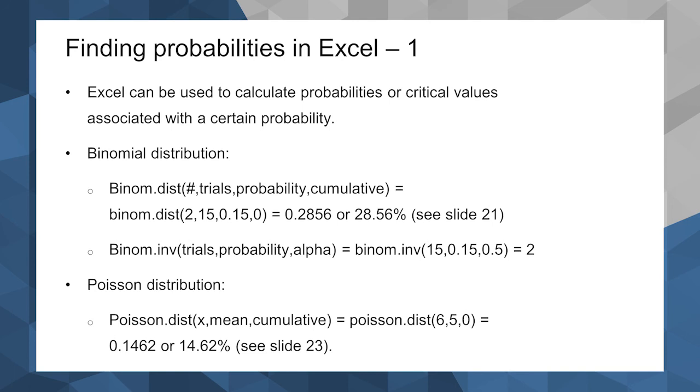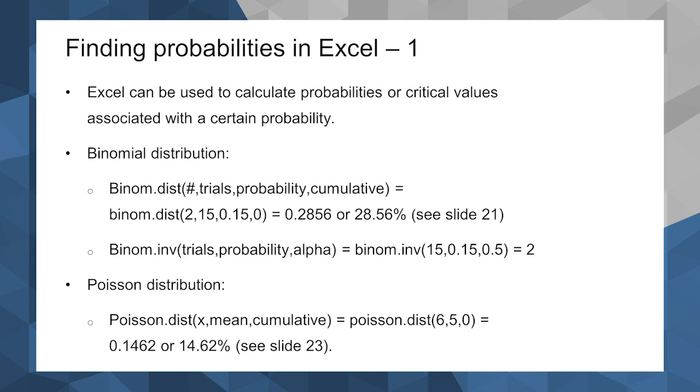If we wanted the example I gave at the end of no more than 2, then we would have put cumulative there, and we would have calculated probability of 0, 1, and 2. If we calculate the opposite, binom inv, if we calculate the number of trials, the probability and the alpha, that gives us the number of successes, which is 2.